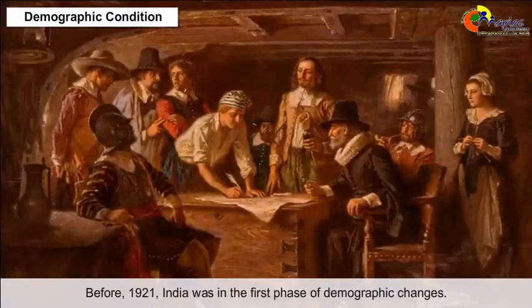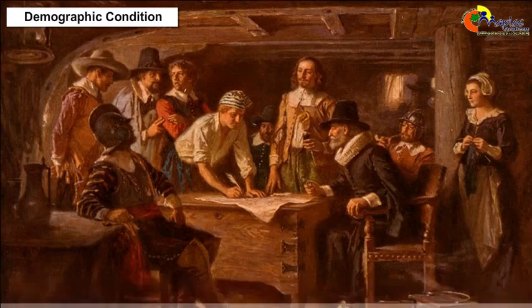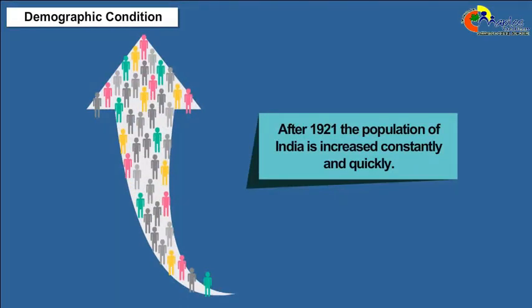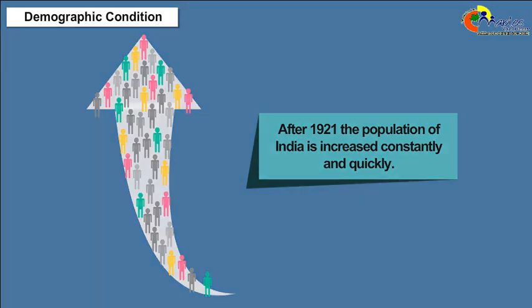Before 1921, India was in the first phase of demographic changes. The year 1921 is depicted as the year of the Great Divide. After 1921, the population of India increased constantly and quickly. The demographic conditions were as under.